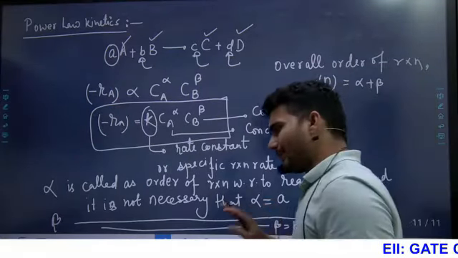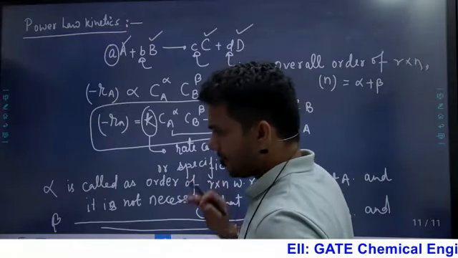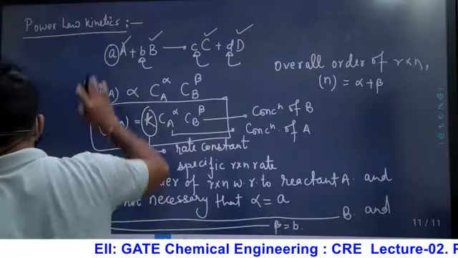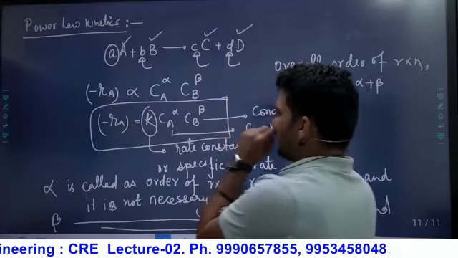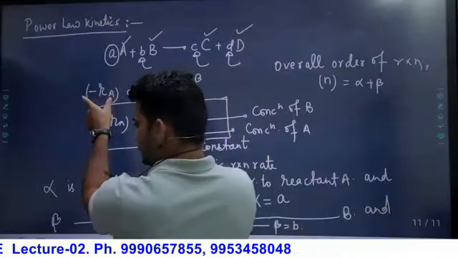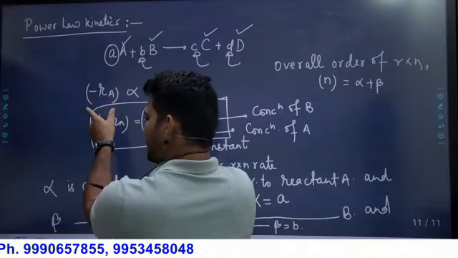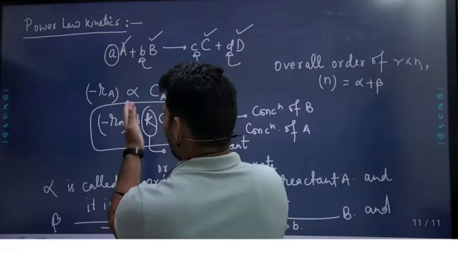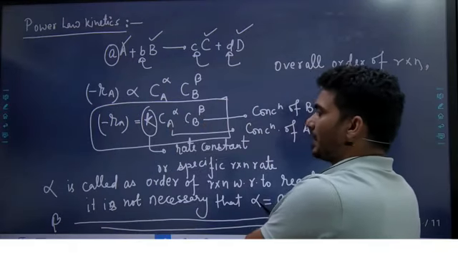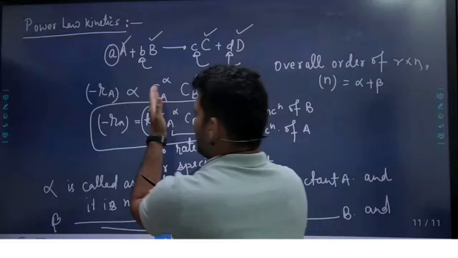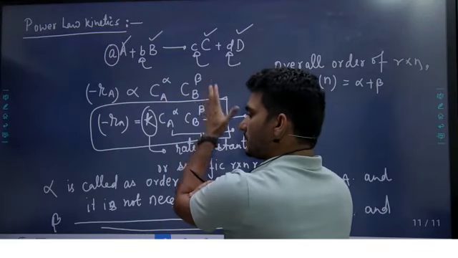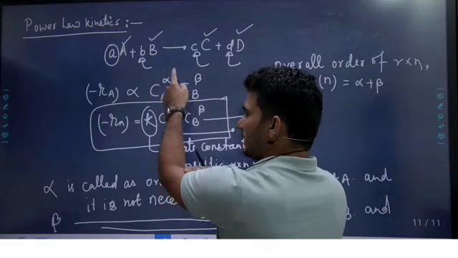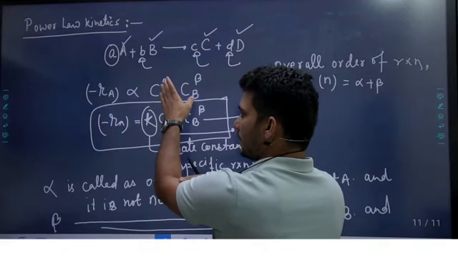Mayank, I did not define anything, either elementary or non-elementary. I just told you about power law kinetics. Power law kinetics tells us that the rate of disappearance of reactant A can be written as the multiplication of the concentration of reactant, Ca to the power alpha.